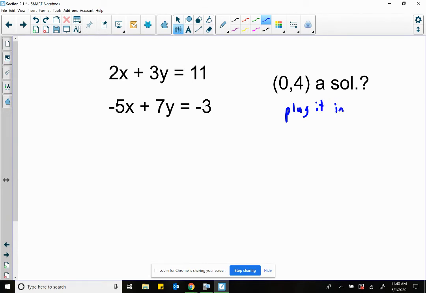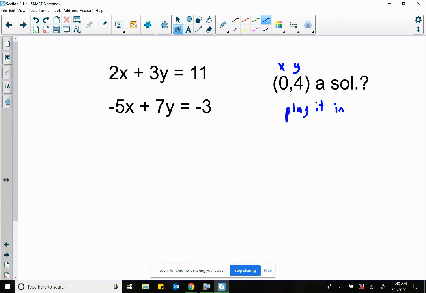Okay? So remember, this is X and this is Y. If this is a solution to the system, it must be true in both of these. In other words, when I plug 0, 4 in, I have to get 11 out. And when I plug 0, 4 in, I have to get negative 3 out. If I don't get 11 or negative 3, stop, you're done, not a solution.